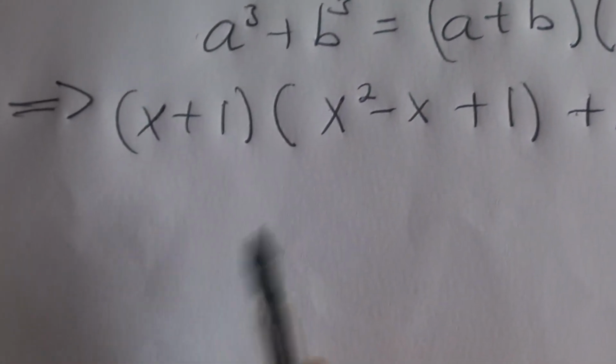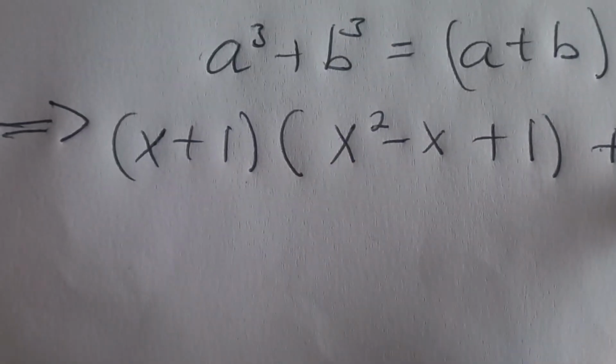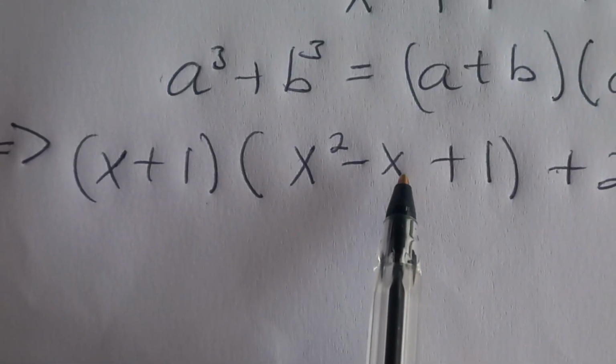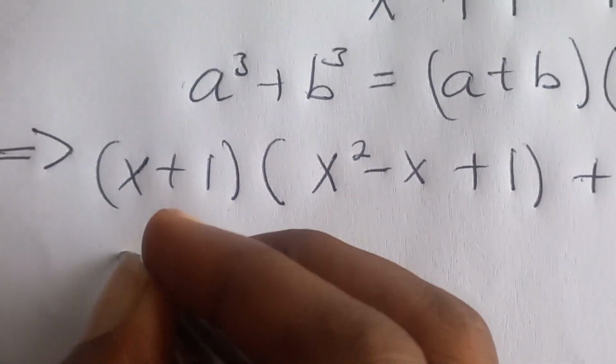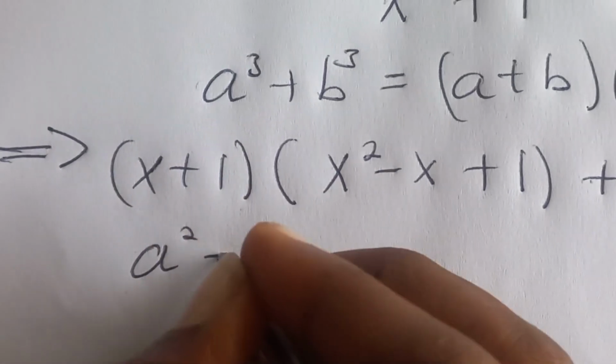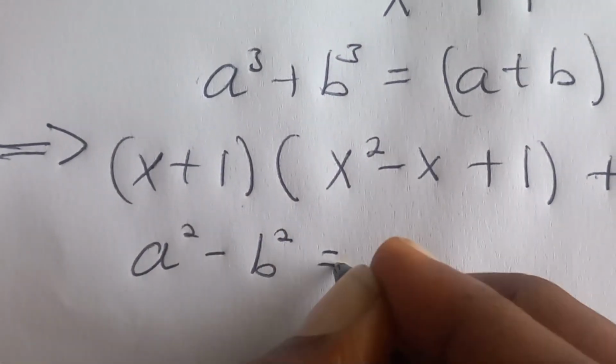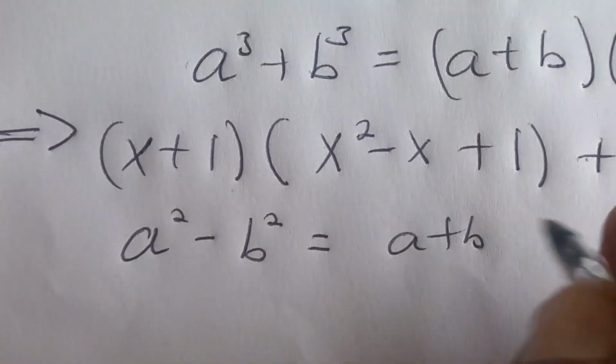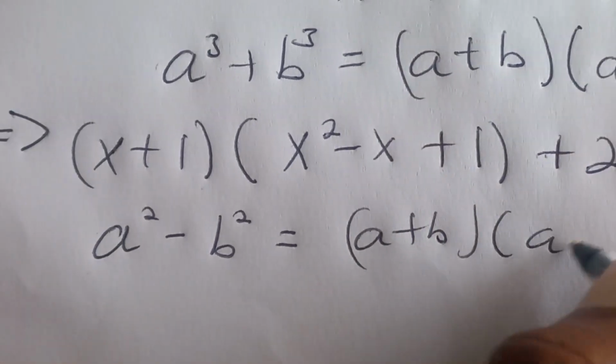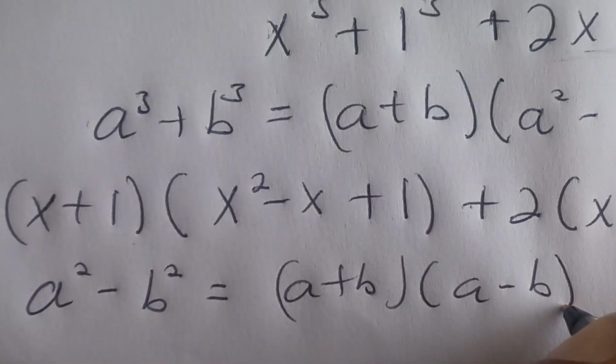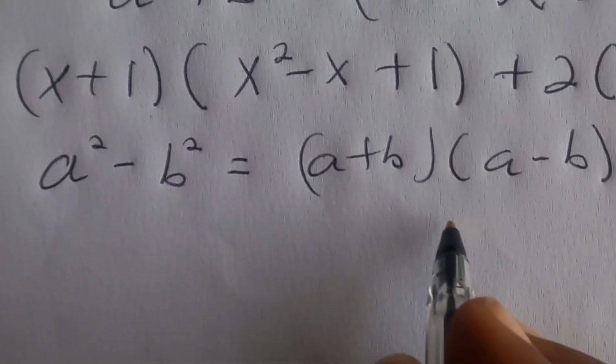Okay, so looking at this, we can also develop another one, which is a squared minus b squared is equal to a plus b, a minus b. So we are going to apply this one here.